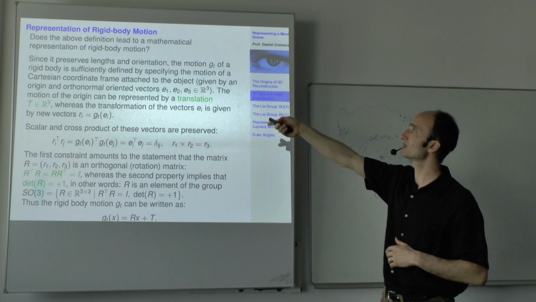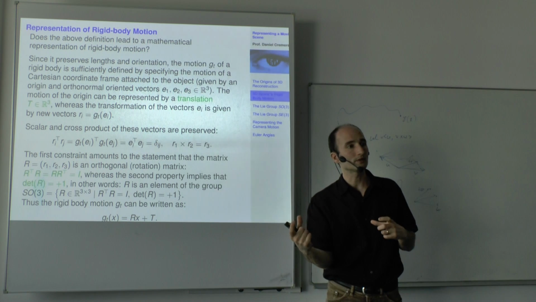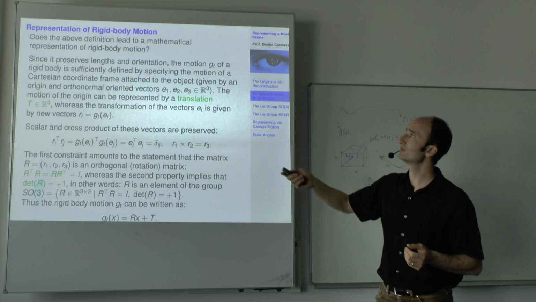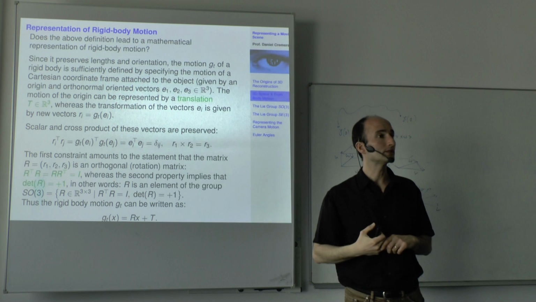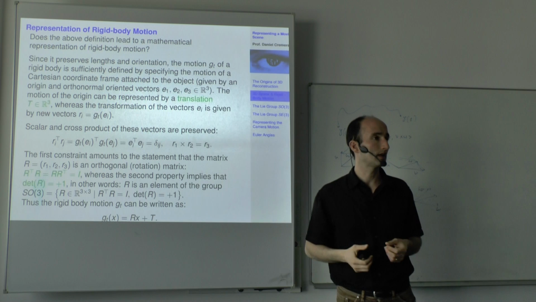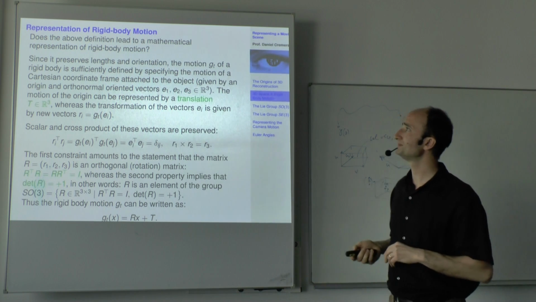Here, for example, the question is, does this definition of rigid body motion, saying it must preserve lengths and cross product, is this definition sufficient to define a specific representation of what a rigid body motion looks like? A definition that we can then actually work with. And it turns out, yes, that is sufficient.